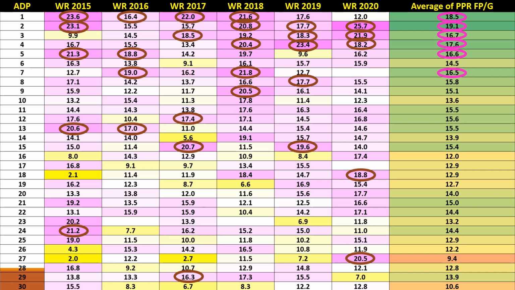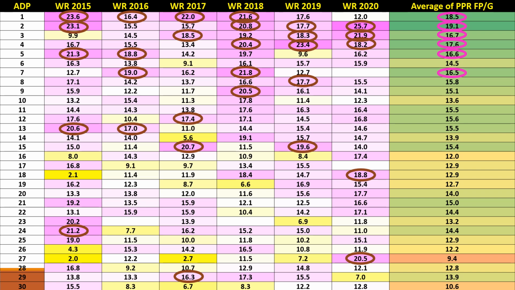So this is an average over the 6 years, right? And I marked the top 5 in a deep red circle there. And you can see where those line up and where they don't.